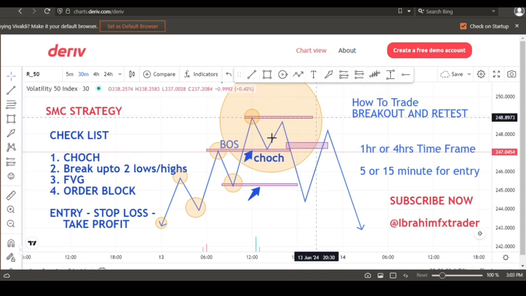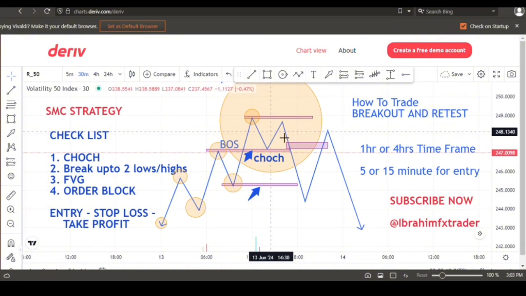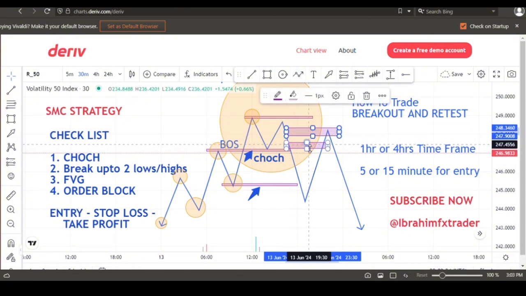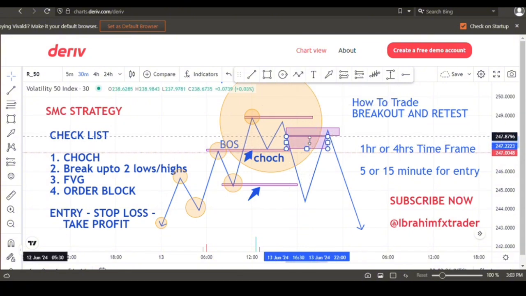The fourth confirmation is the order block. You are going to get your order block right here, with the fair value gap close to the order block.